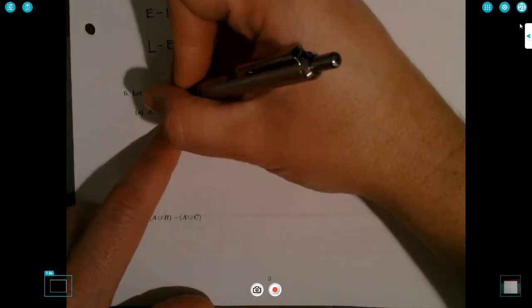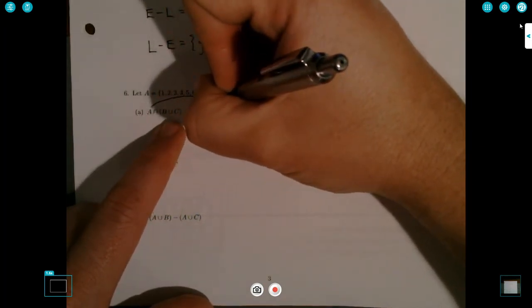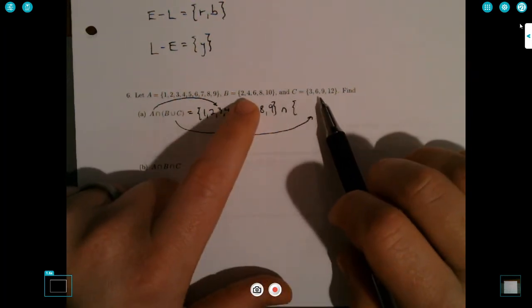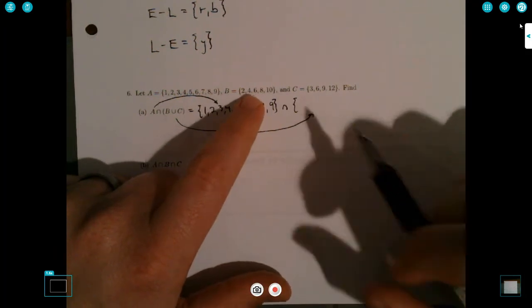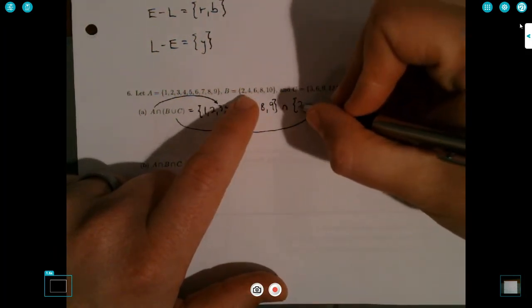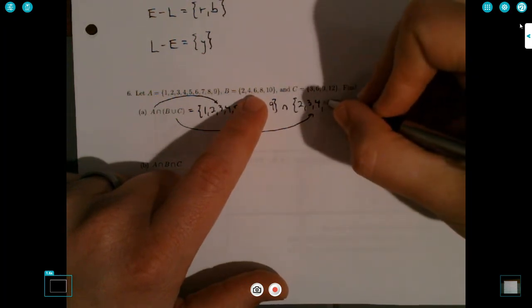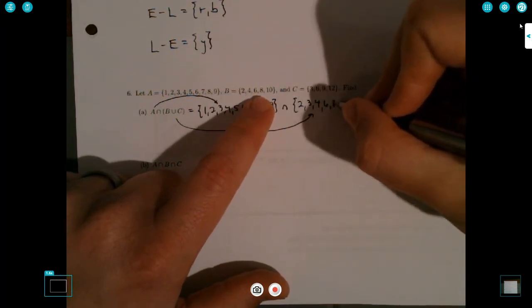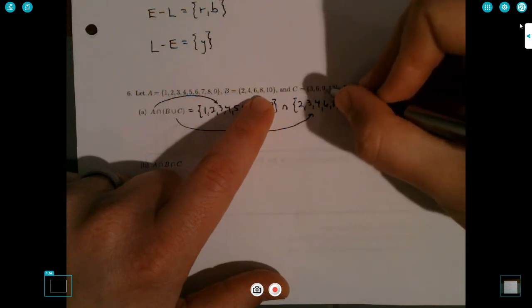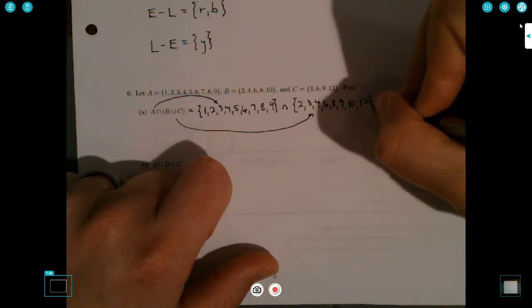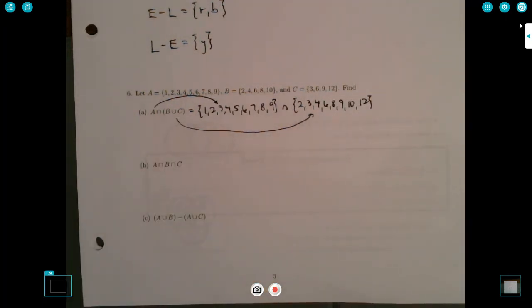So what's B union C? I'm going to take B and I'm going to take C and I'm going to put them together, right? I'm going to marry them. So 2 will be in there, 3 will be in there, 4 is in there, 6 is in there, 8, 9, 10, and 12, right? That's B union C.